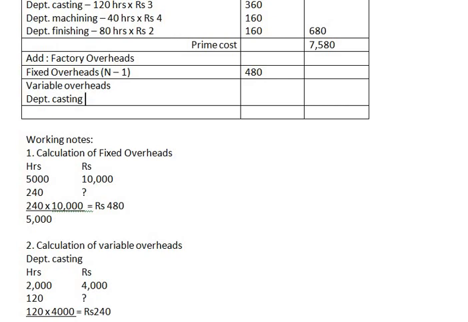How much is it? 240. So here you can write note 2.